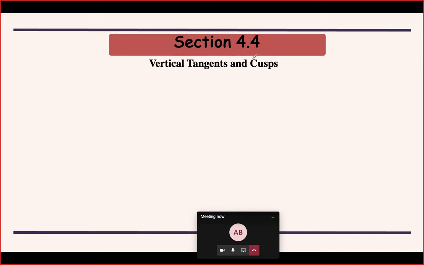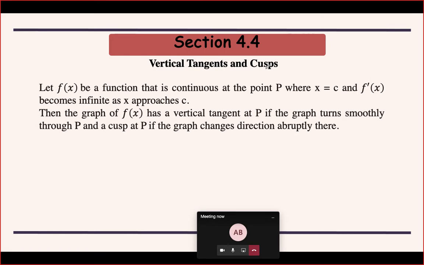And a cusp is some special type of point which you will have on your function, and we'll see how the graph of the function looks in a neighborhood, or in a region close to such occurrences.